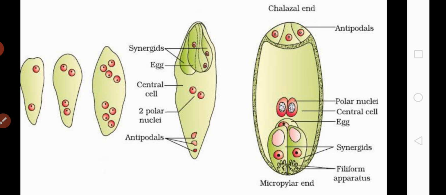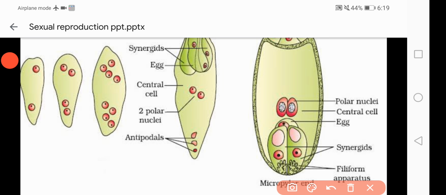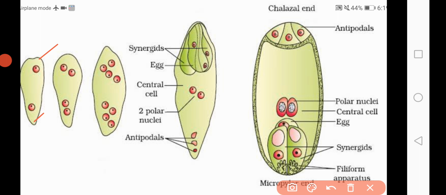As a result, two nuclei are formed. Later, one more division takes place so that 4 nuclei are formed, and then a third division takes place. In this way 8 nuclei are formed, so now the embryo sac contains 8 nuclei.